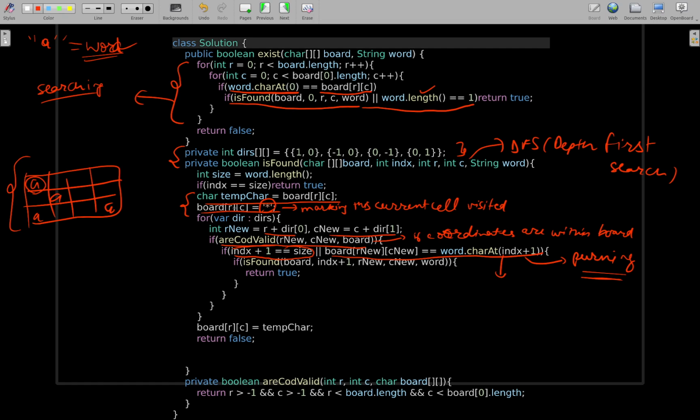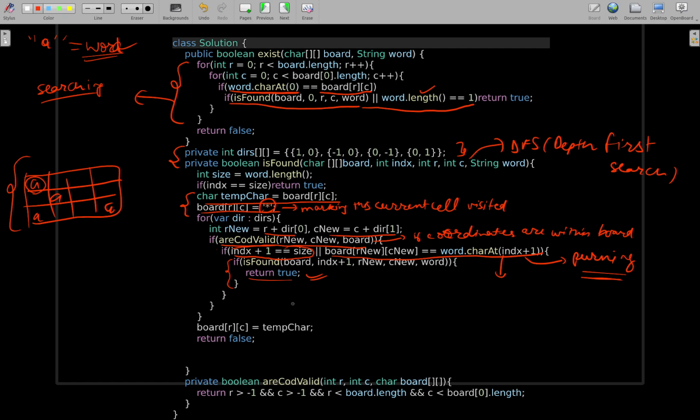If it is a potential branch which can lead to the exploration of the whole word, then we will explore it. And if the whole thing is returning true, then you will return true from here itself, and will not explore other directions. There is no use of that.